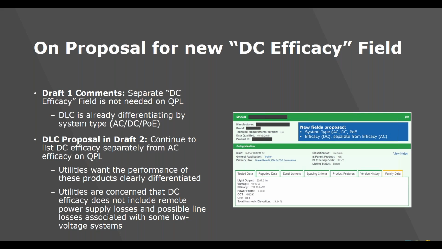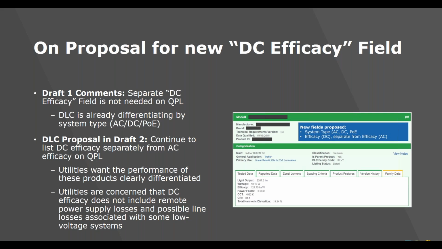That comes from a couple of places. Many of them tie directly into our QPL through APIs, and that aligns with which products are eligible for which rebates. It actually ties into some of the performance values on the QPL. They had concerns that if these were listed together and both used the same efficacy field, it could cause confusion with their customers and problems within their system. So we are proposing to continue with these separate fields.